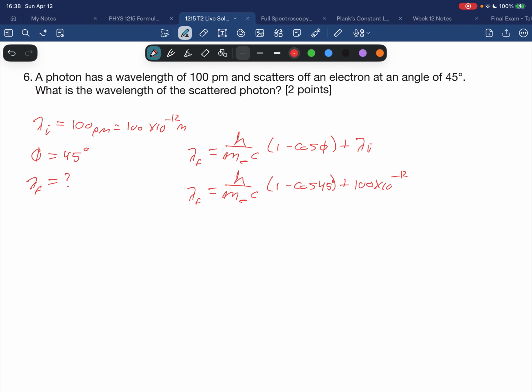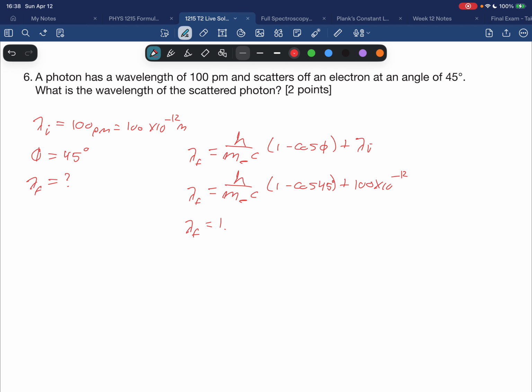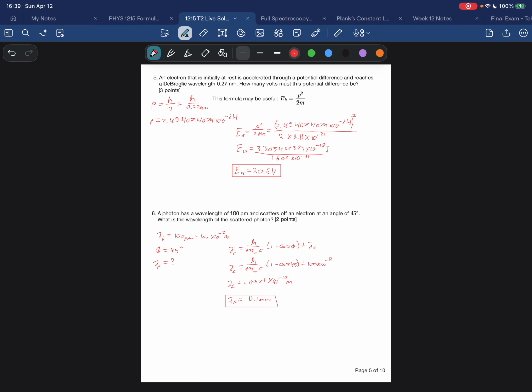Now lambda f is going to be equal to about 1.0071 times 10 to the negative 10 meters. So lambda f is about 0.1 nanometers, or basically just identical.